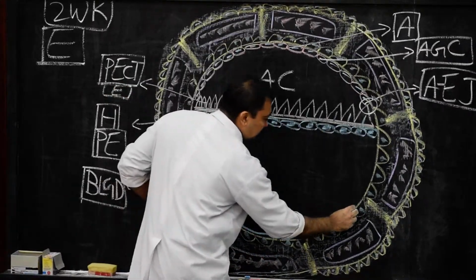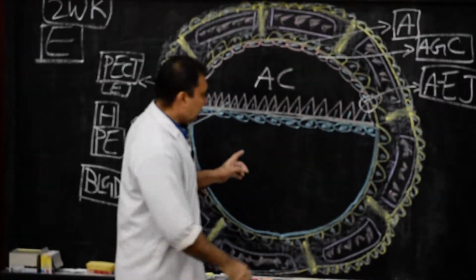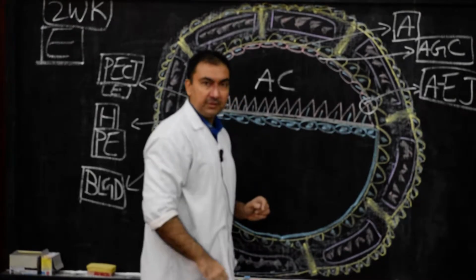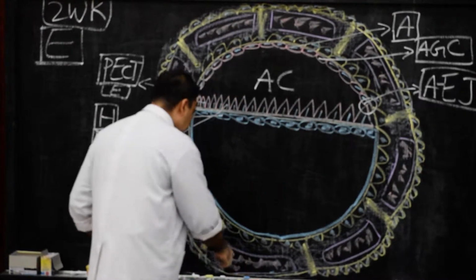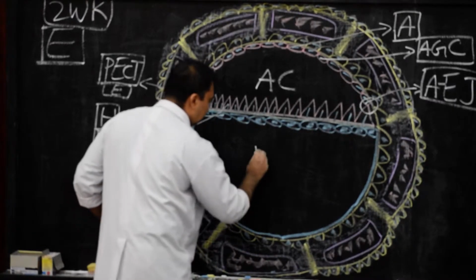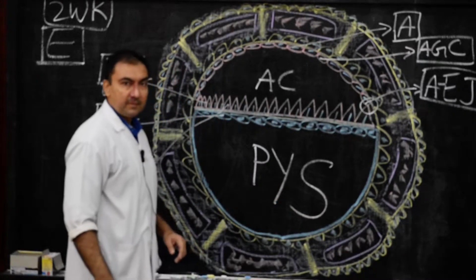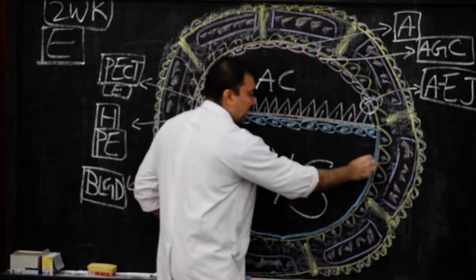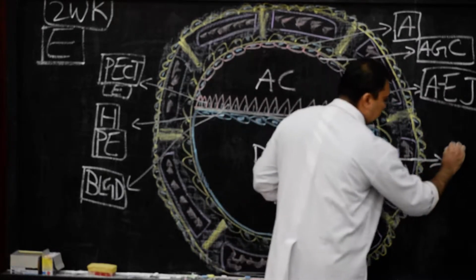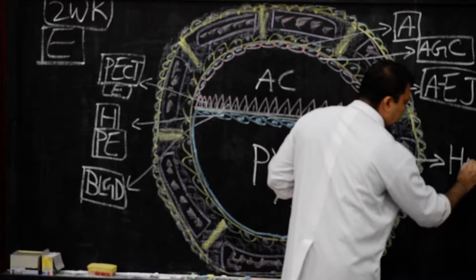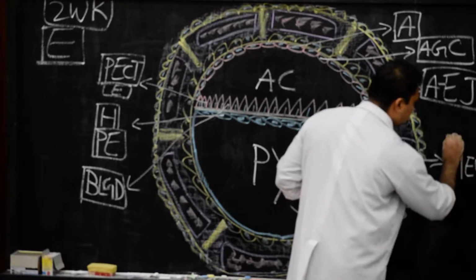As it produces a junction with the endoderm, Heuser's membrane creates a cavity. A wonderful cavity. And this cavity which is created will be known as the primary yolk sac. See how interesting it is. This primary yolk sac is created because of Heuser's membrane. Please note this down.